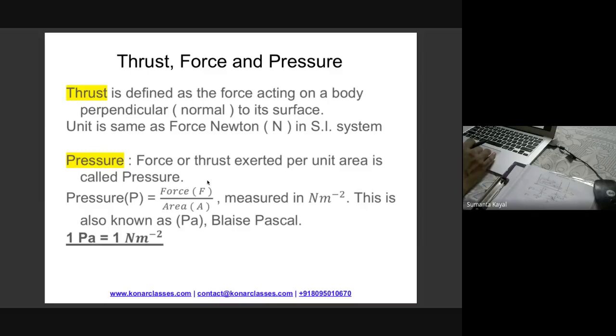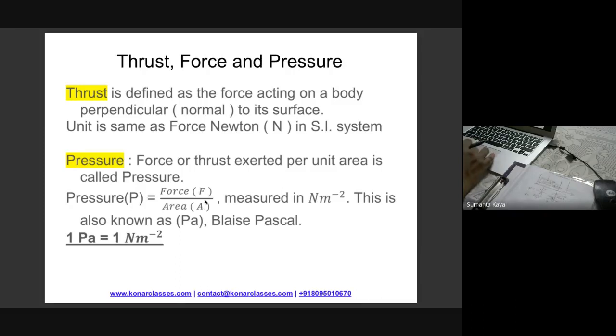Okay, so now pressure has a unit. As we know, every measurement should have a unit, without that the measurement will not be complete. If I say just a number, the number will not give any idea. So we know pressure equals force by area. Force unit we know is Newton, and area is meter square if the length is measured in meter.